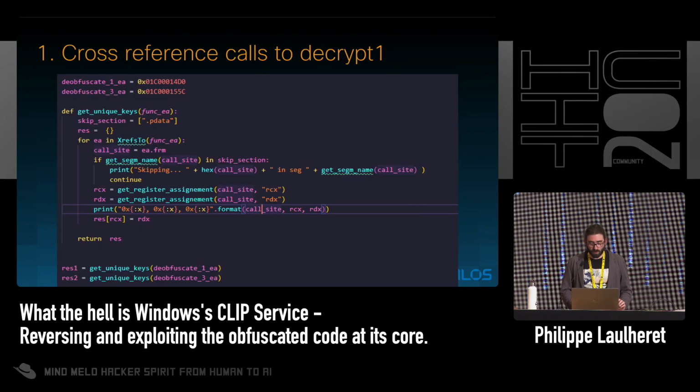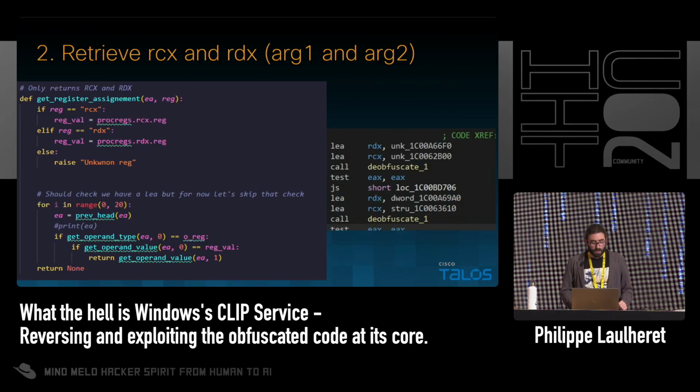So that's kind of what it looks like in IDA Python. You get the crossrefs using that API from IDA. Then you can use the function on the next slide to backtrack the registers, and then you save that and keep track of unique entries, specific combinations of arguments. Retrieving the registers is pretty easy.